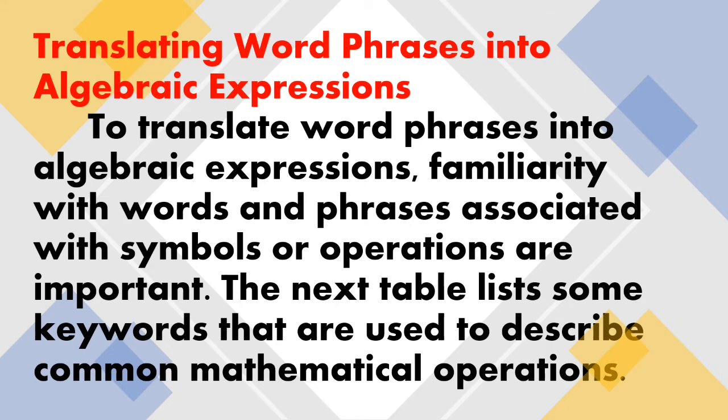Translating word phrases into algebraic expressions. To translate word phrases into algebraic expressions, familiarity with words and phrases associated with symbols or operations is important. The next table lists some keywords that are used to describe common mathematical operations.